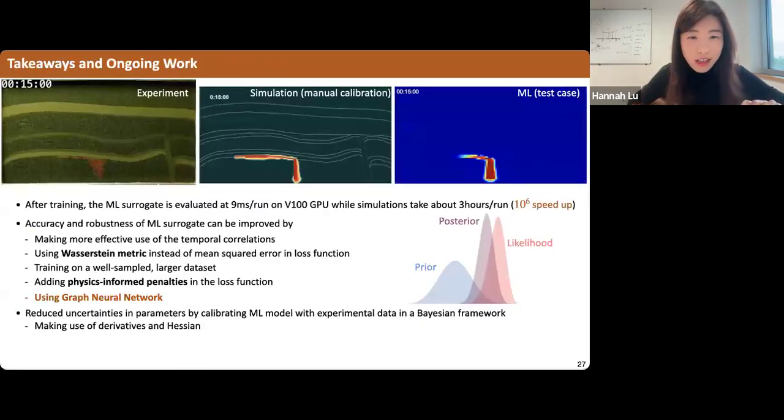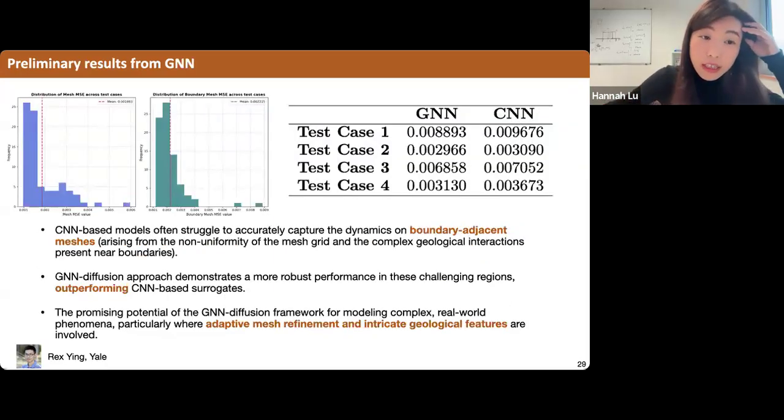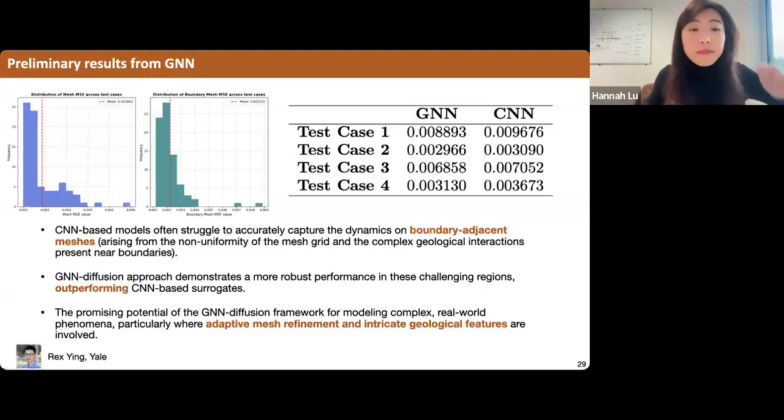So I'm gonna go quickly here. There are some ongoing collaborations with people doing graph neural networks. From some preliminary studies, we do see that graph neural networks can do a better job, especially at boundary-adjacent meshes, adaptive mesh refinement, and some more complicated geological features. So we see some promising results there.